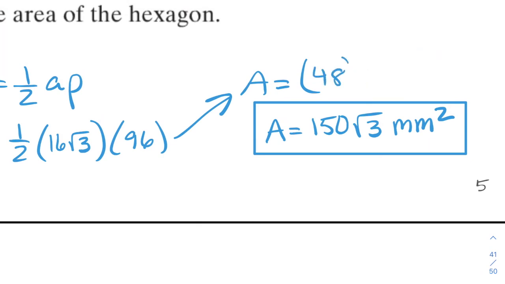So 48. You know what? At this point, I can find just half of 16, which is 8 square roots of 3 times 96. And 96 times 8 is 768.